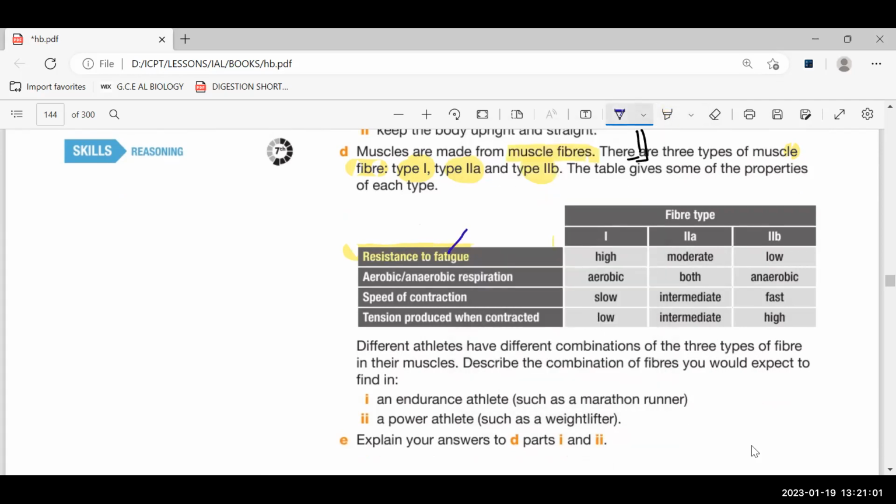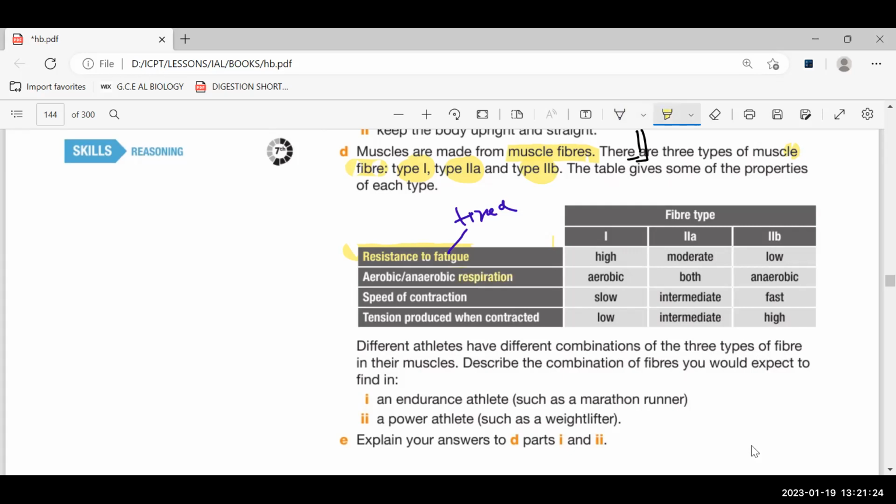Fatigue is tired. When we do some long exercise, muscles get tired. This is called fatigue. Resistant to fatigue means it does not easily get tired.